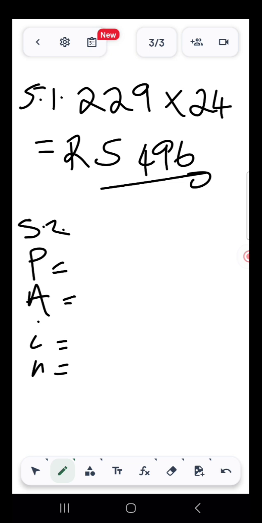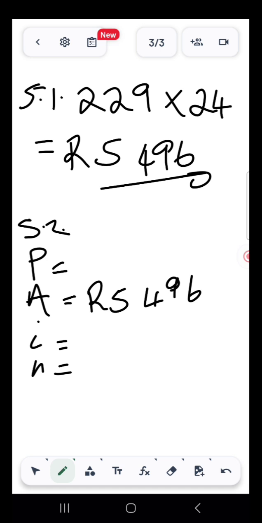So the monthly installment, we know it to be 229. We calculated the amount. Remember, with 5.1, they wanted us to calculate the total amount. So the total amount is 5,496. The principal doesn't have interest.